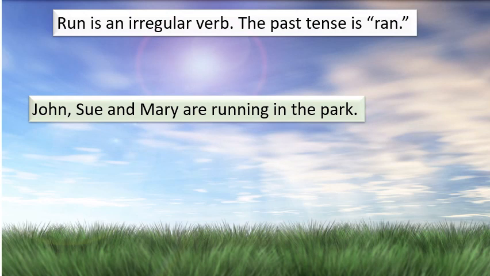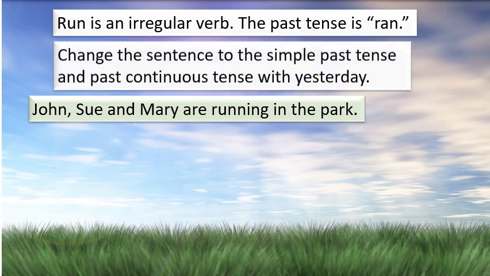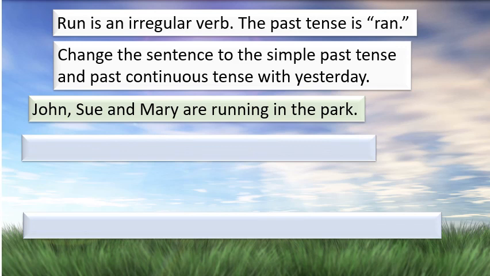Run is an irregular verb. The past tense is ran. Change the sentence to the simple past tense and past continuous tense with yesterday. John and Sue and Mary are running in the park. Change it to the past tense and change it to the past continuous tense.